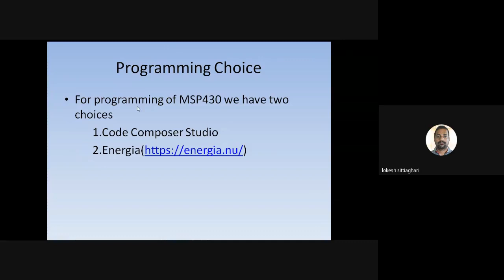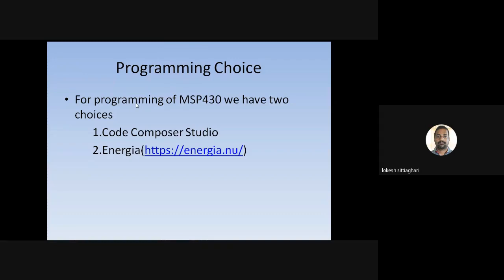Why do we need to go for Code Composer Studio? If students need to become embedded engineers, then they need to know the internal architecture, how the instructions are executed, how the peripherals utilize these addresses, the memory map, how interrupts happen, and how the ADC works.